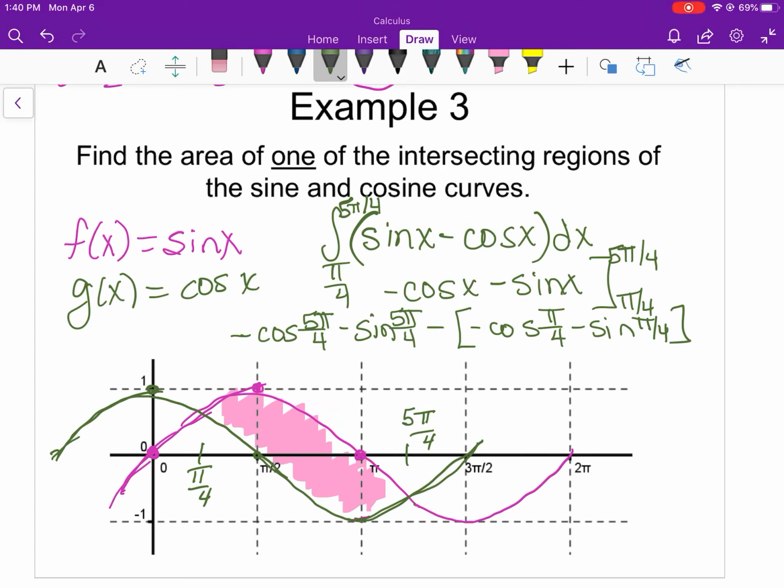Okay, we're going to be working that out. I'm going to switch colors so you can see it. So that's going to be negative radical 2 over 2, the opposite of that, minus, let's see, that's going to be also the negative, yep, and then minus radical 2 over 2.